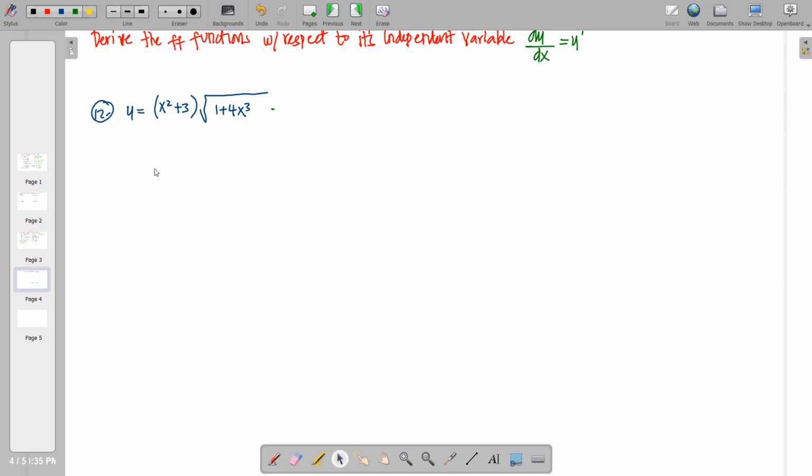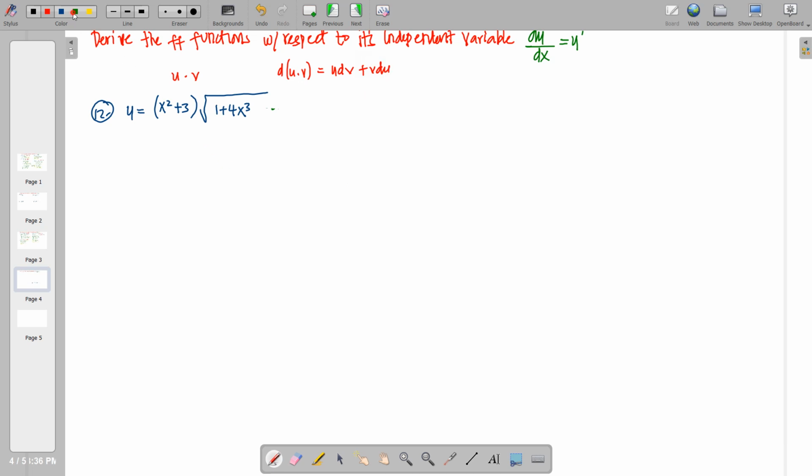Okay, moving on to number 12. Number 12 is in terms of a product, u times v. We know the formula for the derivative of u times v is equal to u dv plus v du.